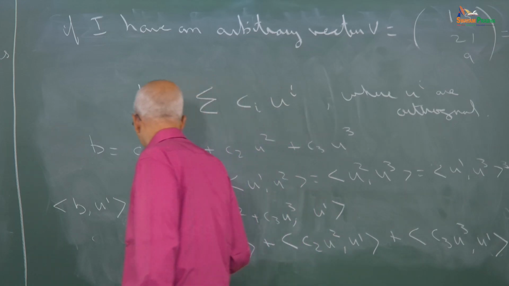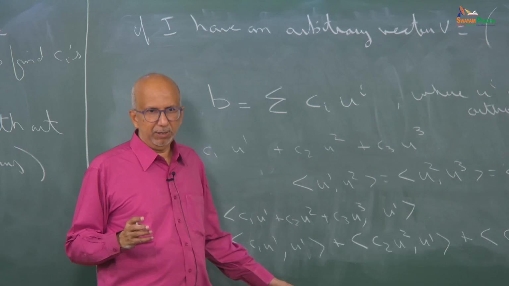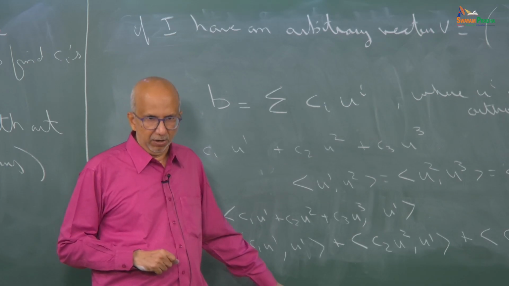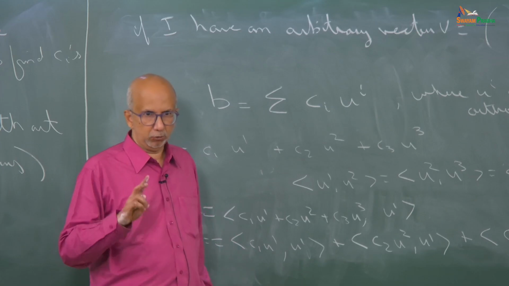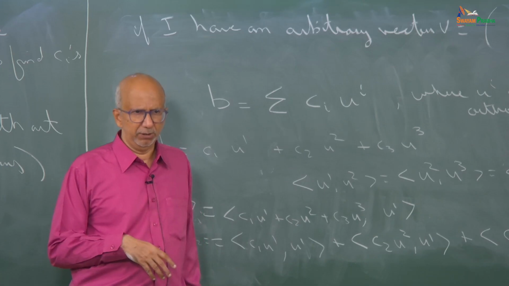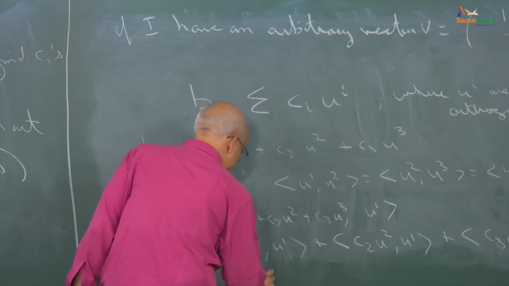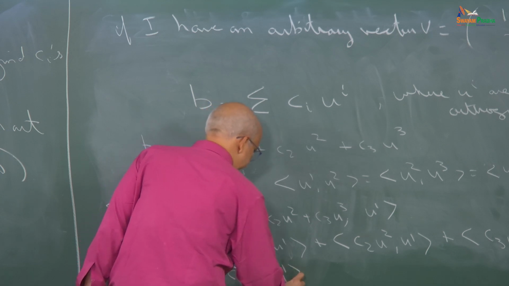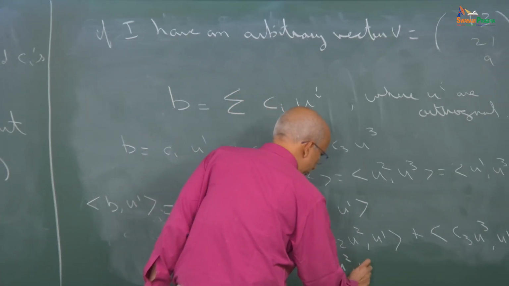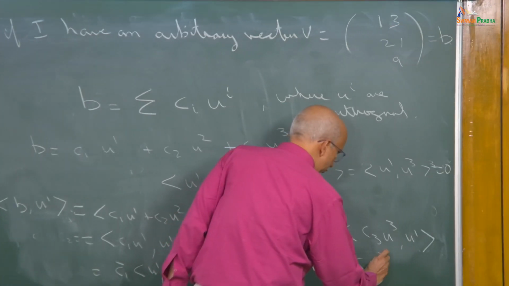Now, because the scalar multiple is multiplying the first vector, when I take it out, it is going to become the complex conjugate if it is complex. If it is real, it does not matter, it will be C1 only. So, this is going to be C1 bar inner product of U1 with U1 plus C2 bar inner product of U2 with U1 plus C3 bar inner product of U3 with U1.